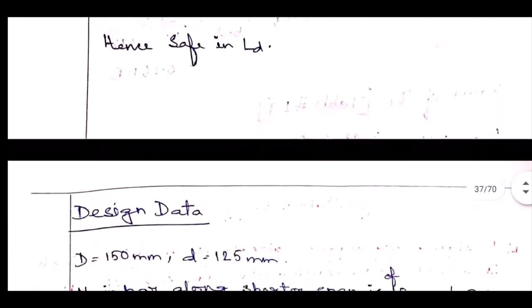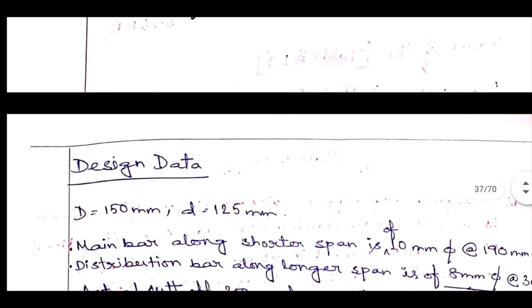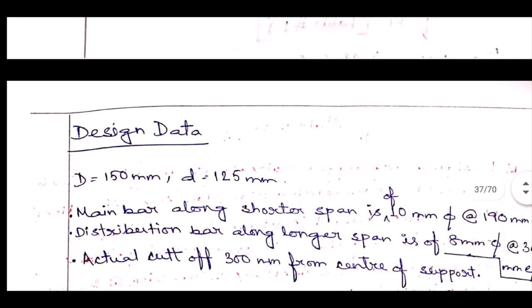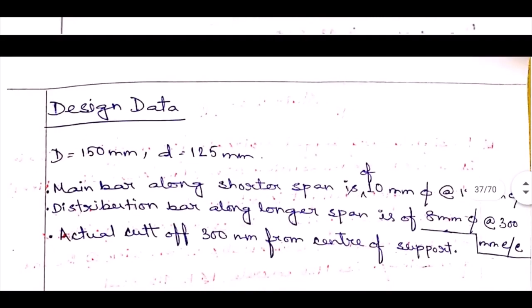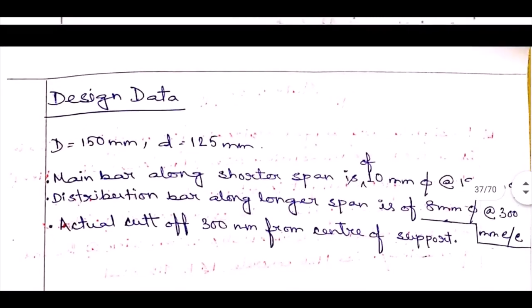The next step is we have to write the design data. All design calculations are done, and we have completed all the checks. So now it is time to write the design data, after which we have to draw it.